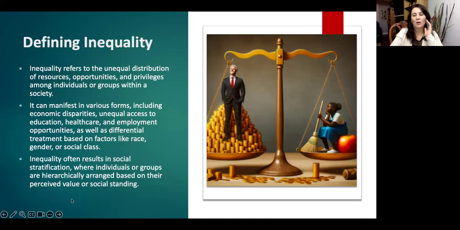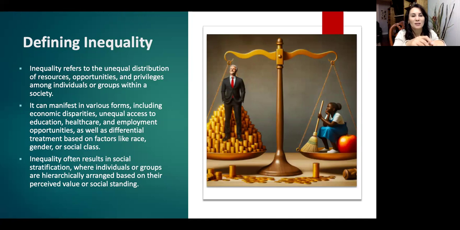So, defining inequality. We said we will be talking about structure and inequality in society. So what is inequality? Inequality refers to the unequal distribution of resources, opportunities, and privileges among individuals or groups within a society.